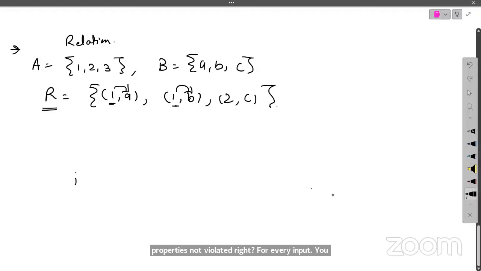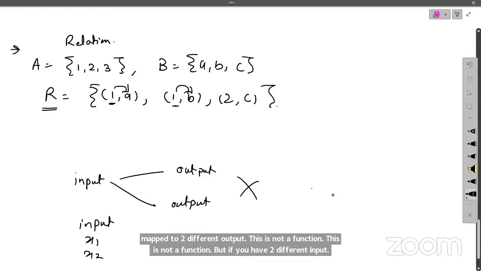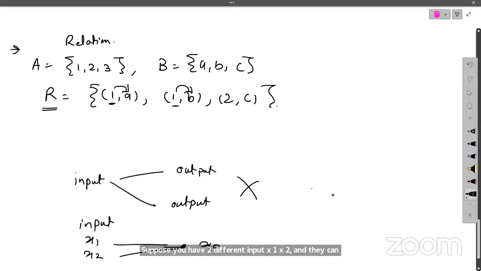An input should not get mapped to two different outputs. That is not a function. But if you have two different inputs x1 and x2, they can map to a single output, let's say x0. That is allowed in a function. But if you have an input, then that input should get mapped to a unique output, not different outputs.